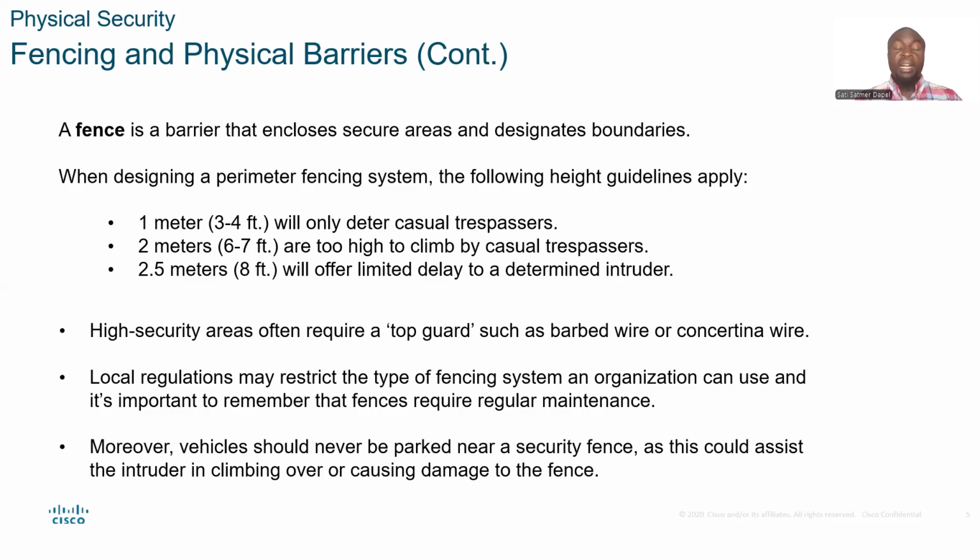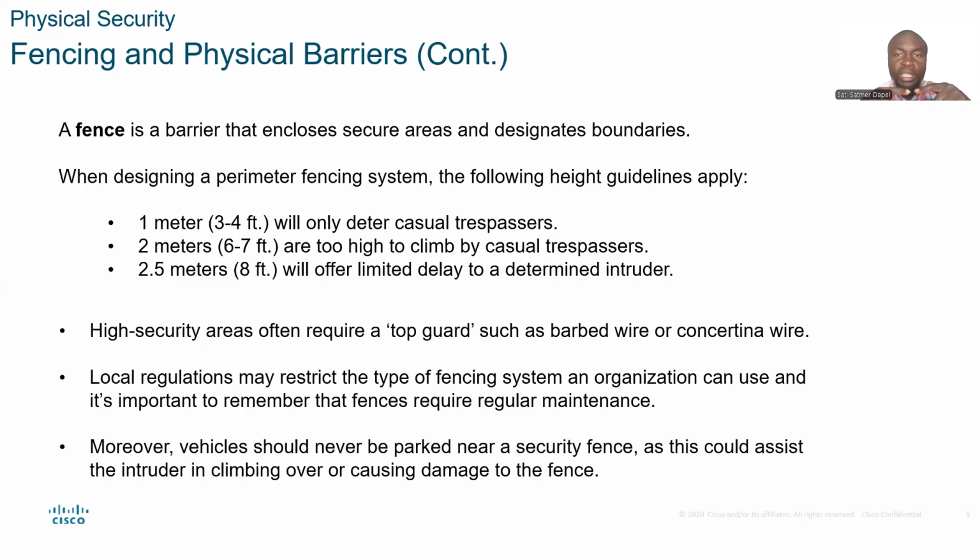The concept here is that you don't want either personnel, animals, or whatever device that is not authorized to cross over. So depending on the setup, there's what we call the 1 meter, or 3 to 4 feet, fence. That fence will only deter casual trespassers, just 1 meter.